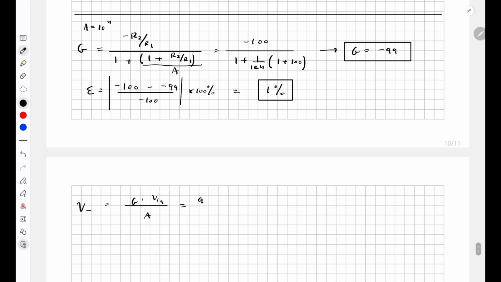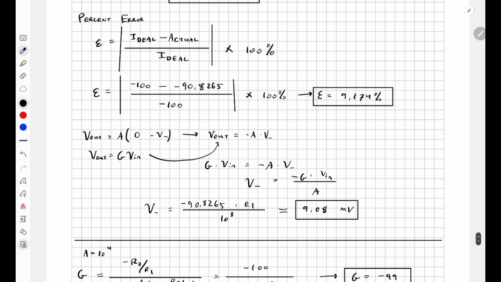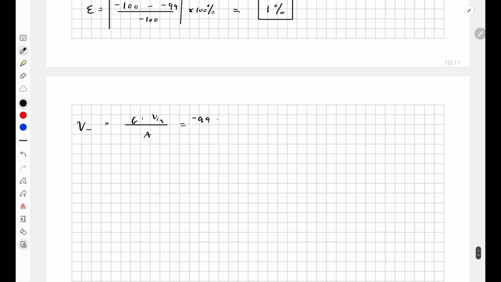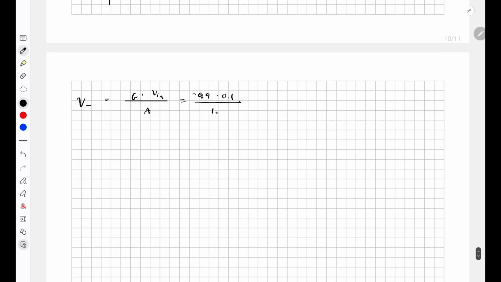Okay, so it's -99 times V in, 0.1, divided by 10 to the 4th. If I use the calculator, the voltage at the inverting terminal is times 10 to the 3rd.